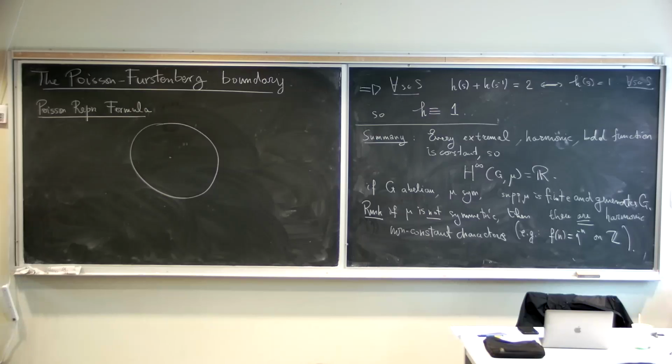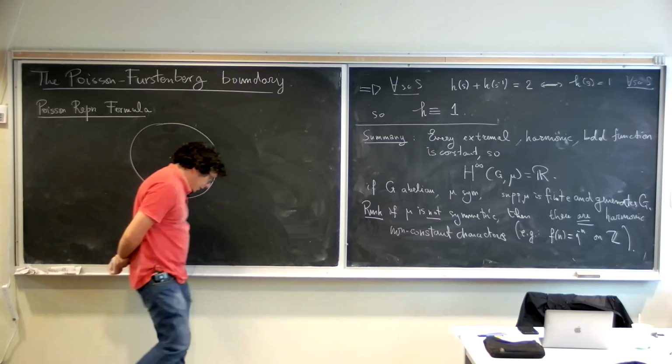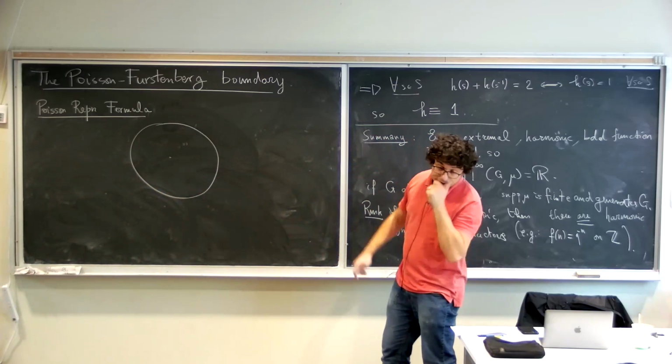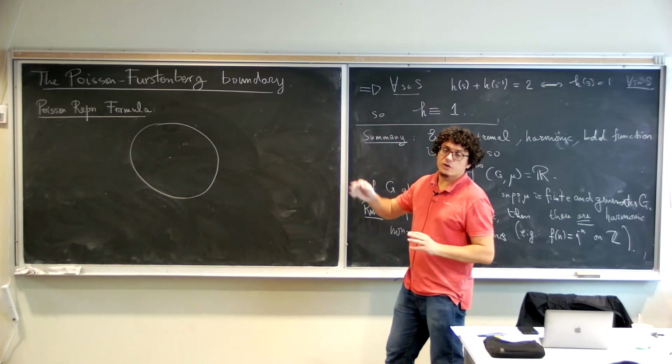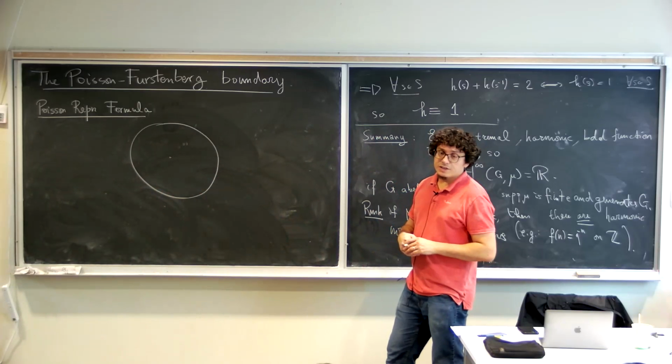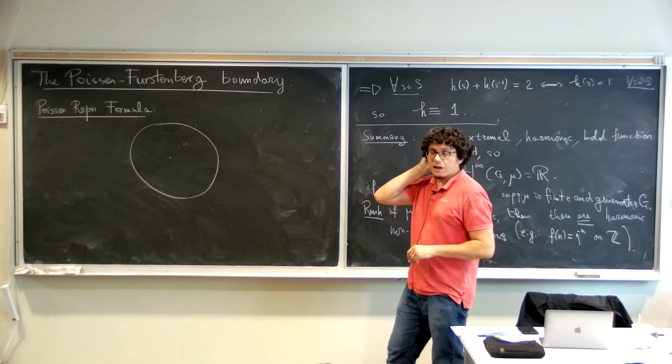Well, I think the issue is that in the general theory, you can only hope to have almost sure convergence of the walk to the boundary. So this is not restricted at all. In a way, it is the most general, but you can have more restrictive options.